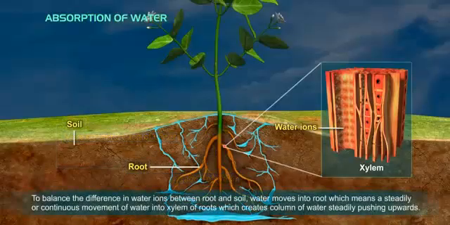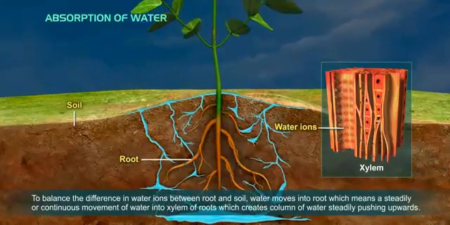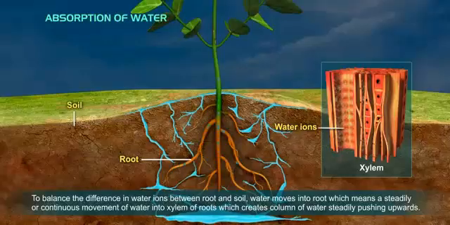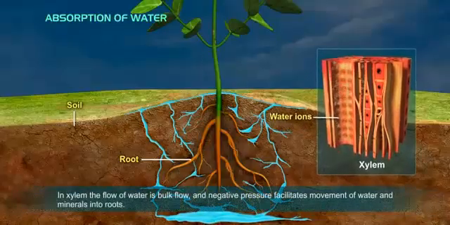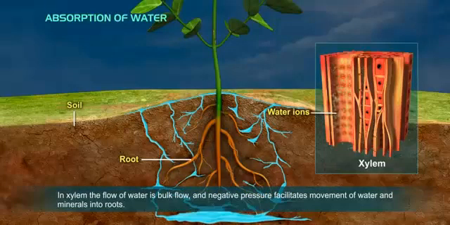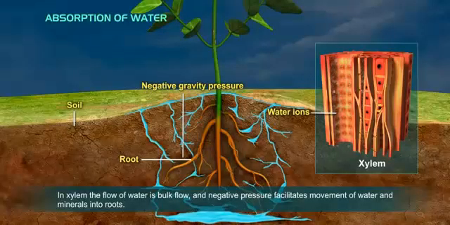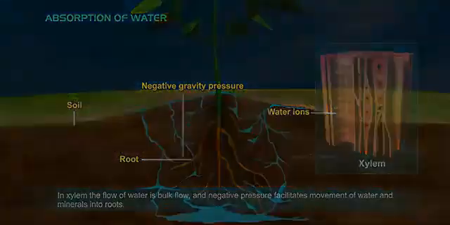To balance the difference in water ions between root and soil, water moves into the root, which means a steady, continuous movement of water into the xylem of roots, which creates a column of water steadily pushing upwards. In xylem, the flow of water is bulk flow, and negative pressure facilitates movement of water and minerals into roots.